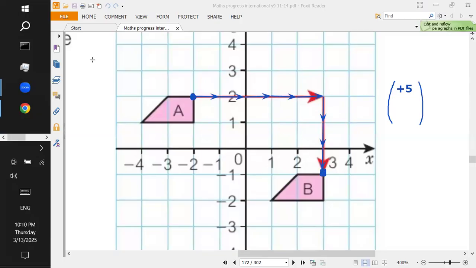So we went 3 times down. This means this one will be negative 3. And this is how you find or describe the translation that happened between two shapes. So focus on the column vector and how to use it, and focus on how to describe translation. Now let's move on to the next part of this lesson.